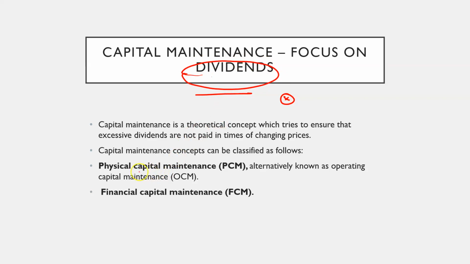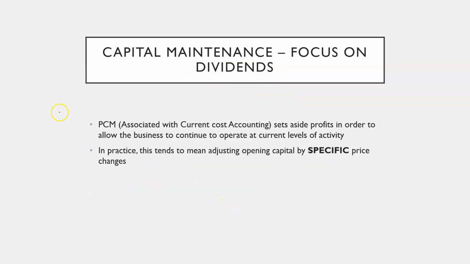So we have two issues here. We talk about physical capital maintenance, alternatively known as operating capital maintenance, and financial capital maintenance. Let's look at physical capital maintenance. This is typically associated with current cost accounting. The key point here is that we're making sure that we can continue to operate at current levels of activity. The problem is we suffer inflation.